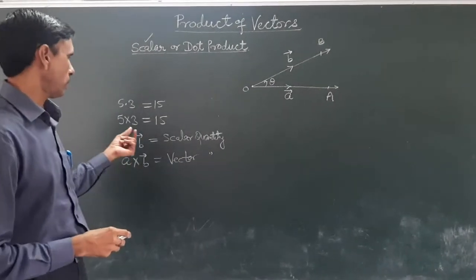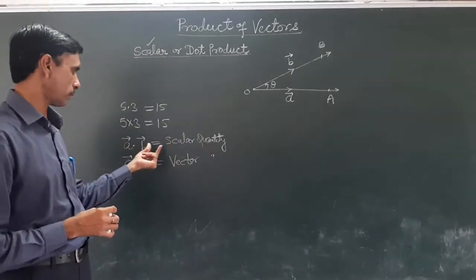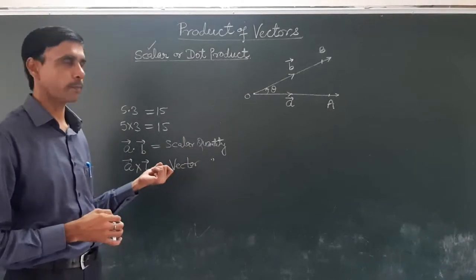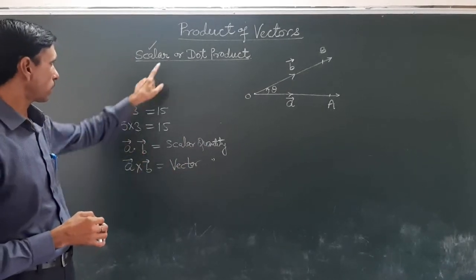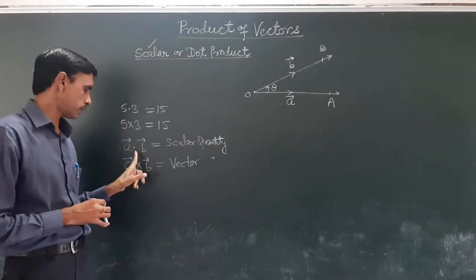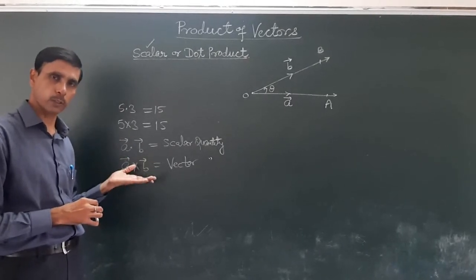So depending upon the values, this is a scalar product because this is a scalar quantity as a result, or a vector product. This is also called dot product because it is denoted by a dot and this is denoted by a cross. So this will be called cross product.